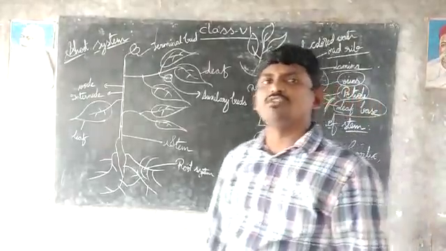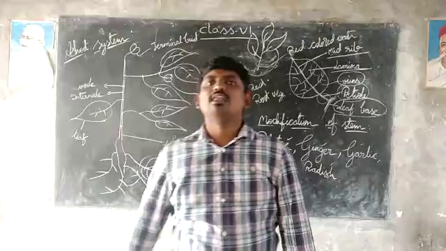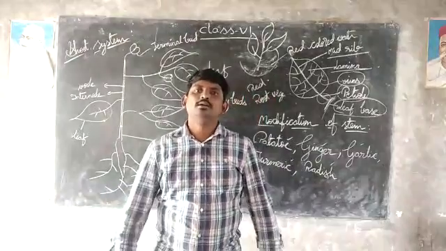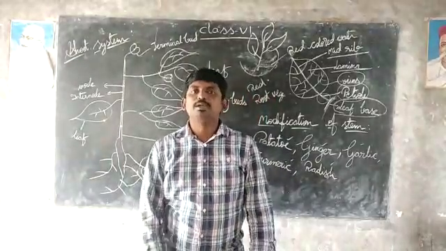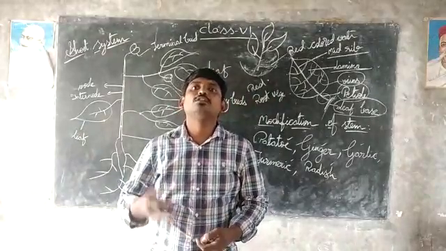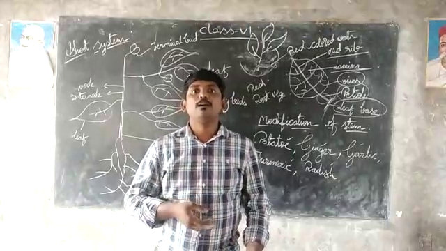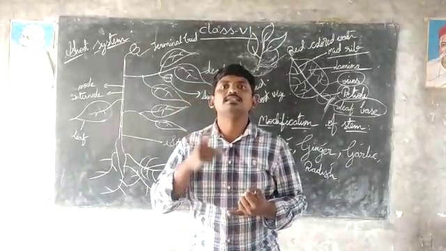And what are the functions of a leaf? Leaves always grow in sunlight, because leaves prepare the food required for the plant in the presence of sunlight.